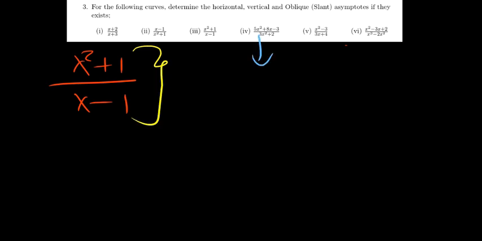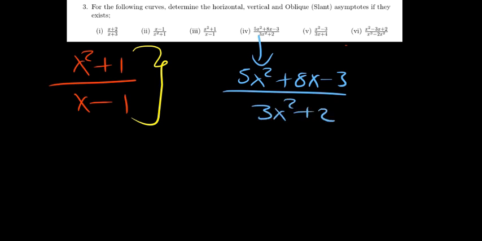For the fourth one, you can see that the powers are the same. We have 5x squared plus 8x minus 3 over 3x squared plus 2. So there, what do we do? The vertical asymptote: the denominator equated to 0. So 3x squared plus 2 is equal to 0.